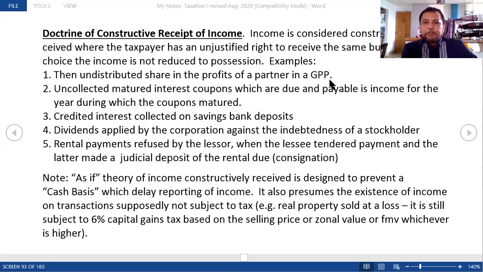So again, GPP does not file income tax return, but only the partners in a GPP.